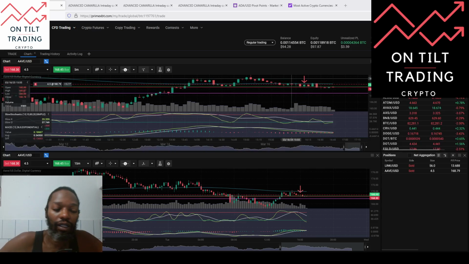So here we can see that we've got a crossover in this candle. Also, the difference is negative, and it's right below the 200 EMA. So this looks good for me to take an entry.